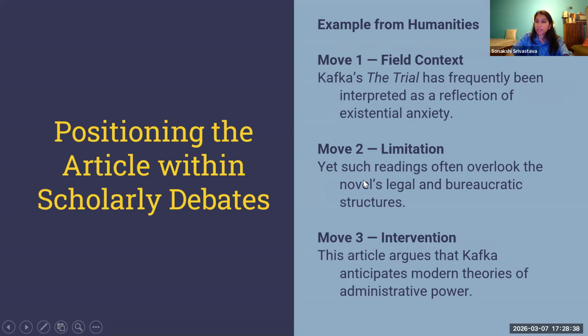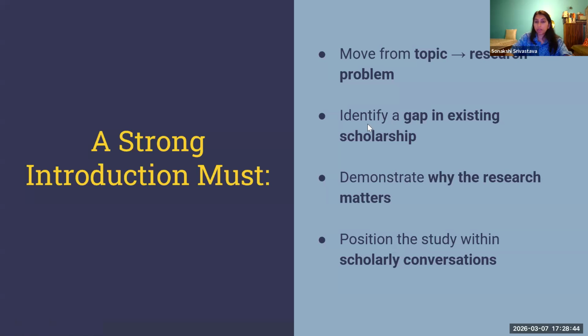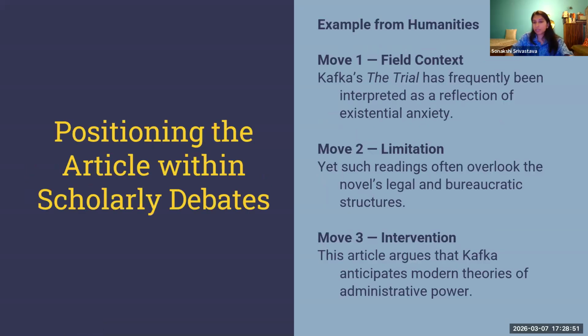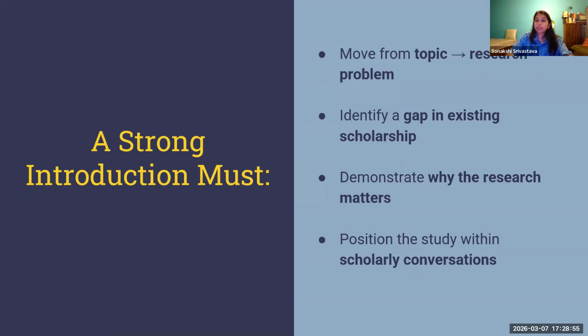You know that a topic has been selected, but more than that, we have also started talking about the specifics. You identify a gap in existing research, which was basically the limitation in the previous example. Demonstrate why the research matters, and position the study within scholarly conversations. These are the four essential components that your introduction should answer.